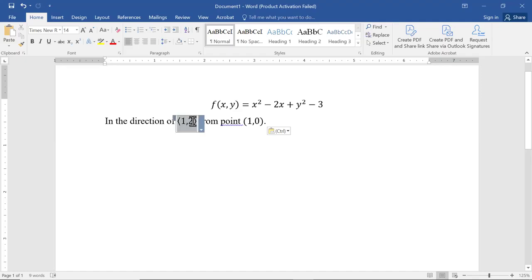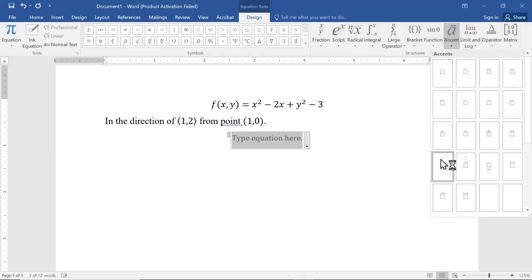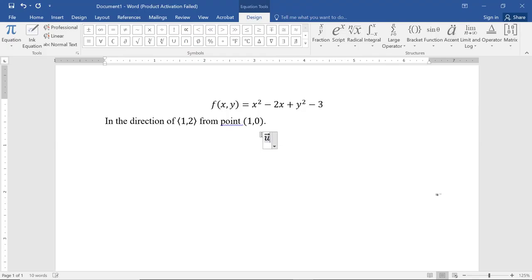Now, a couple things. This vector, 1, 2, is not a unit vector. So I'm going to want to create a unit vector. We'll call it u in that direction.